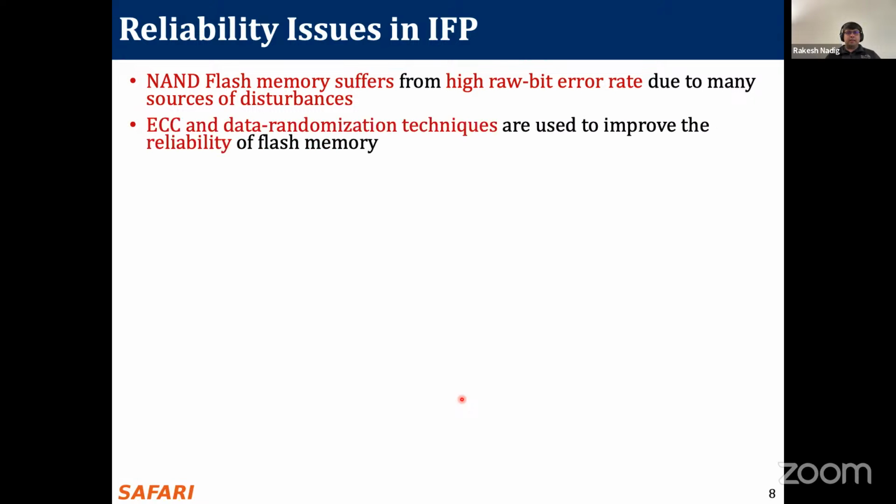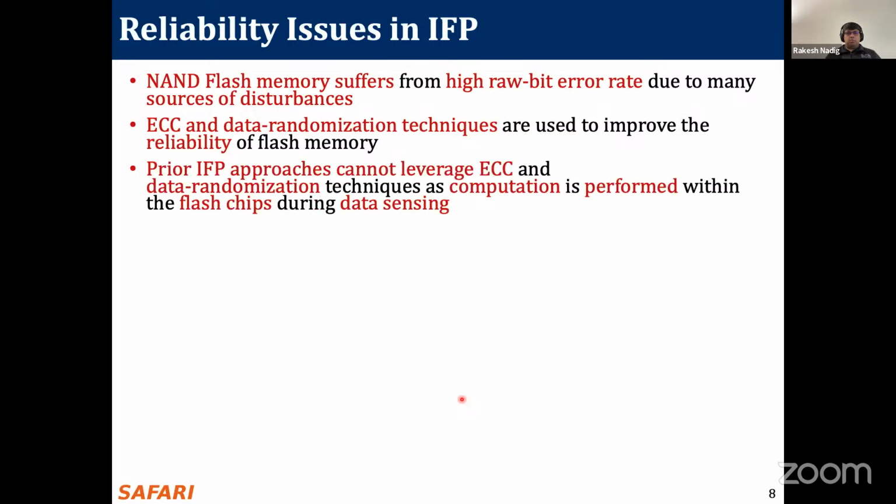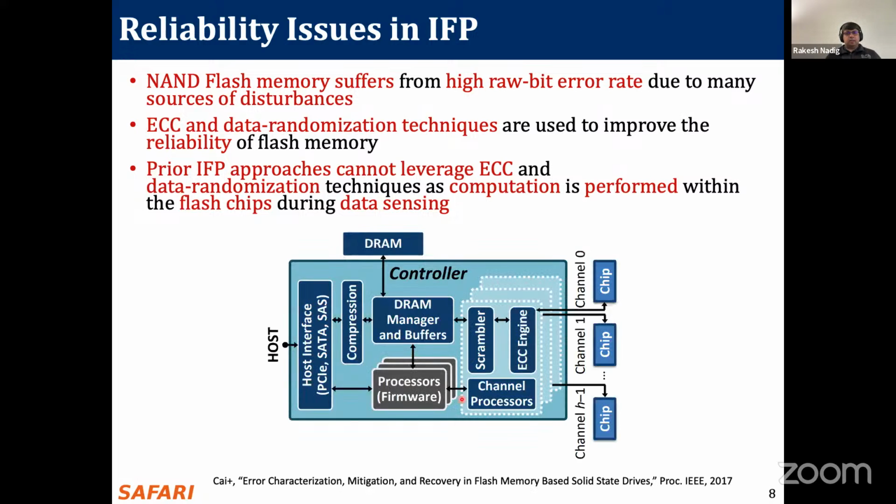The ECC and data randomization techniques are typically used to improve the reliability of flash memory. But these prior IFP techniques cannot leverage the ECC and data randomization techniques, because the computation is performed within the flash chips, and these mitigation techniques reside in the SSD controller, which is far away from where the computation happens.